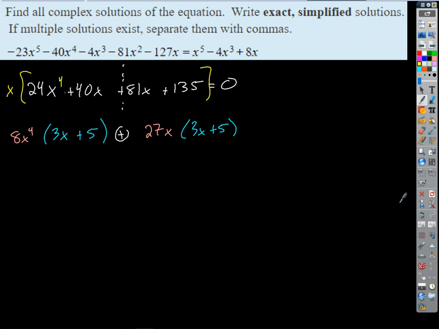Oops. 4, 3, and that changes then. We're factoring out an 8x cubed instead, right?